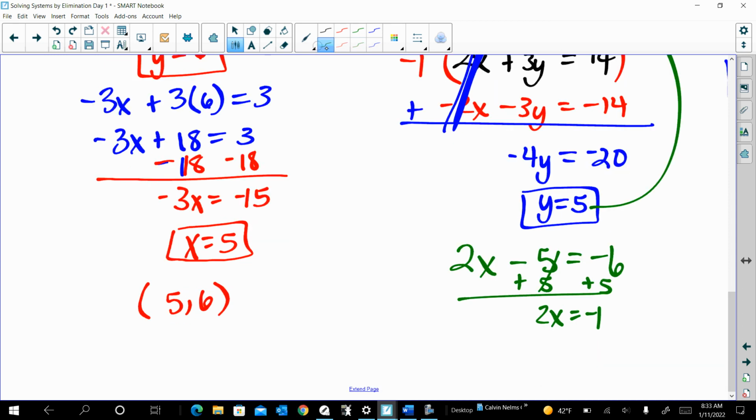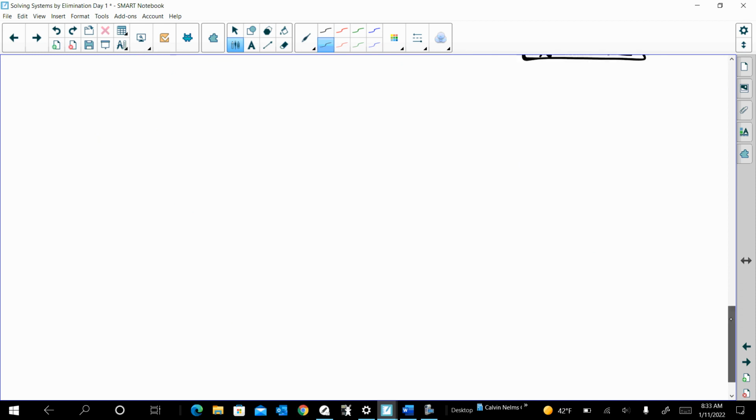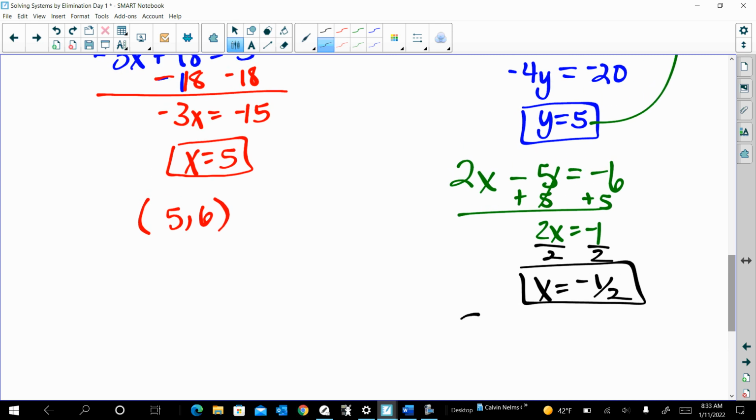And then when we divide by 2, what's our answer going to be here? Negative 1/2. You can have fraction answers as a solution. So the solution is negative 1/2, comma 5.